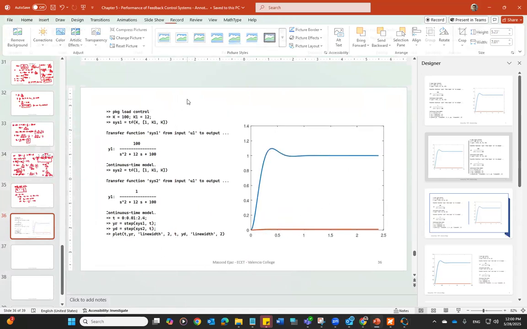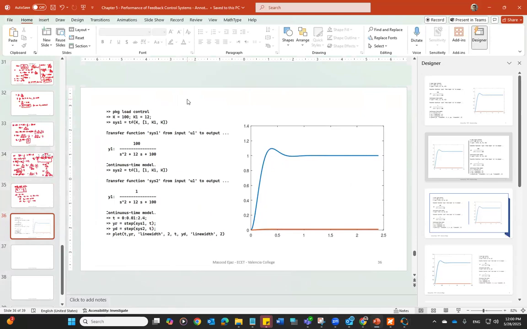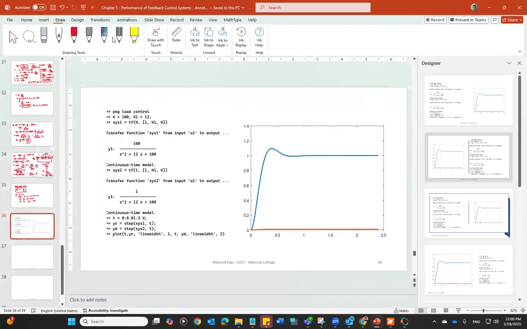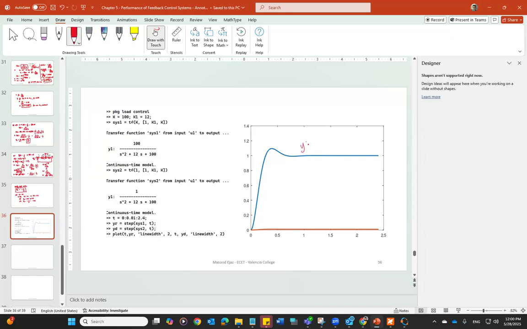All right, so we can see the y output due to the input, again remember the k value is 100 and k1 is 12. This is y(t) due to r(t).